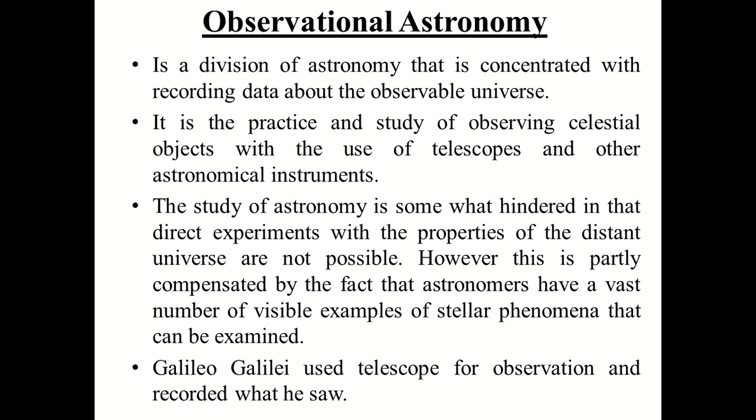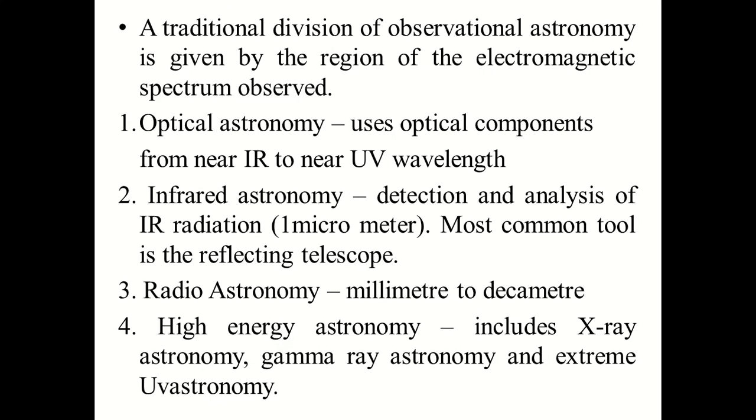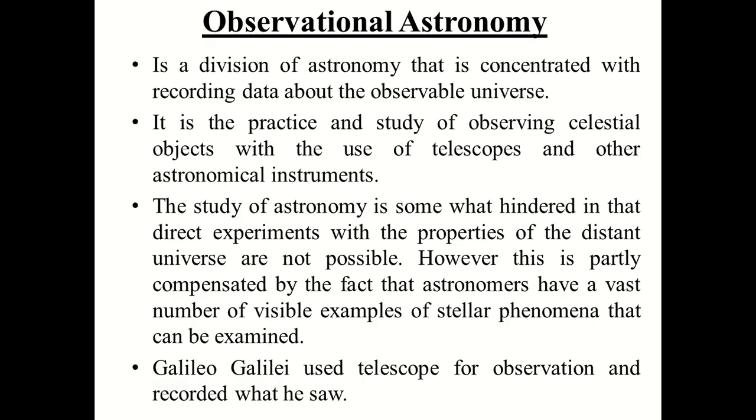Since that time, observational astronomy has made steady advances with each improvement in telescope technology. So we can say that observational astronomy began with Galileo Galilei's invention of the telescope.